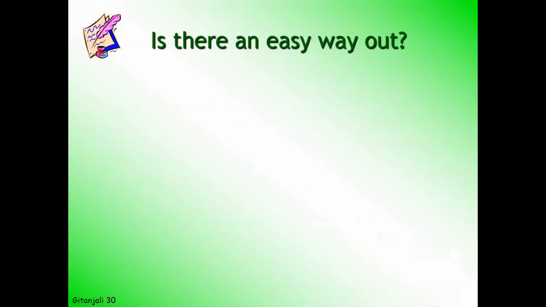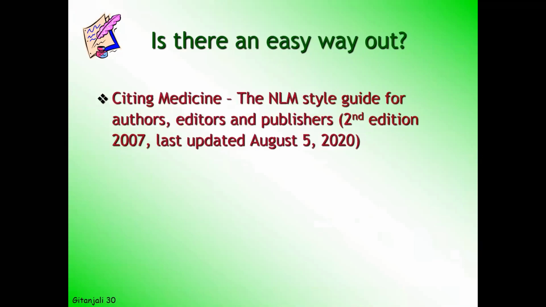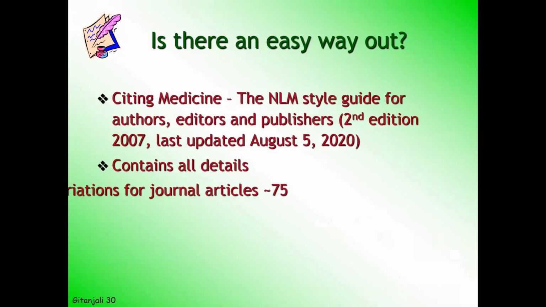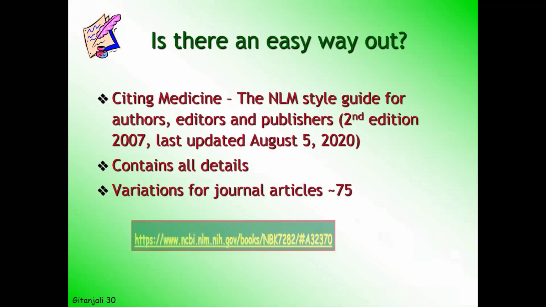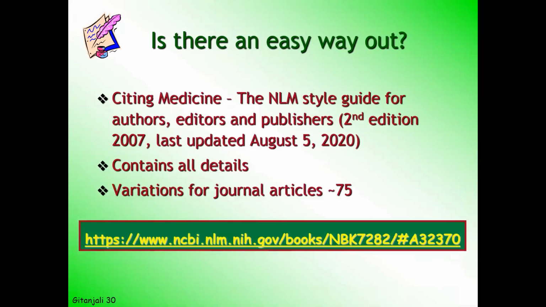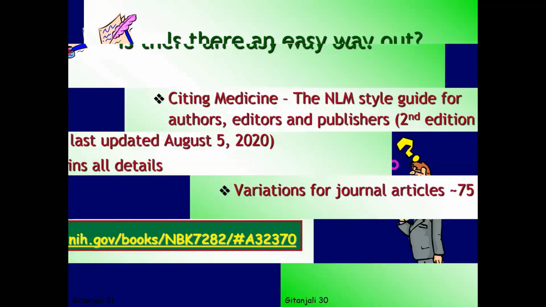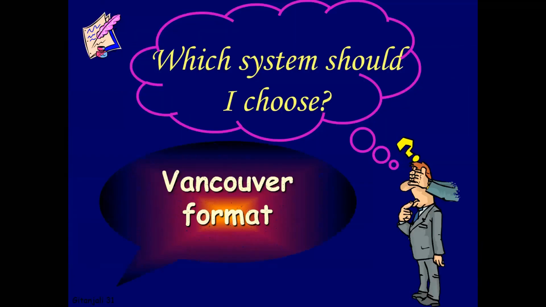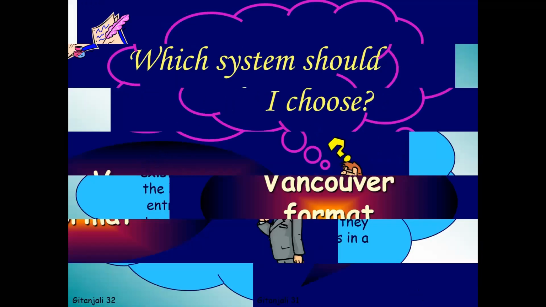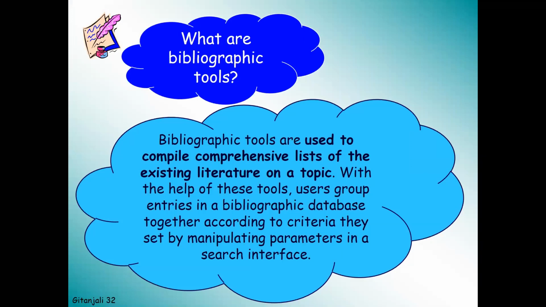This is for your thesis. If you're writing a paper out of it, I have already told you about it. Even for a single journal article, there are 75 variations, so that is why I'm not going into the details. For your thesis, you are allowed to choose the Vancouver format, because most of the journals follow that.